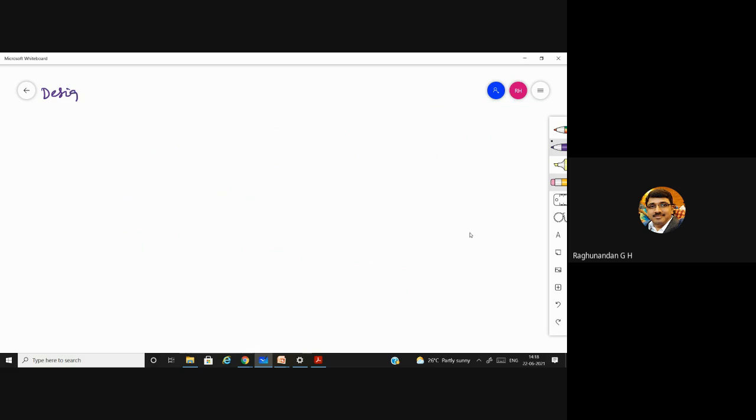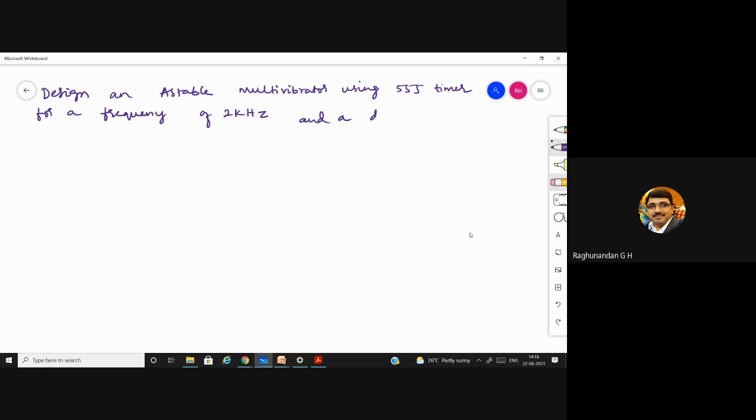The next: design an astable multivibrator using a 555 timer for a frequency of 2 kilohertz and a duty cycle of 75%.